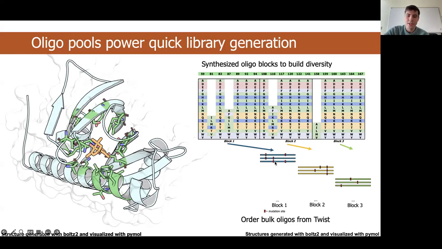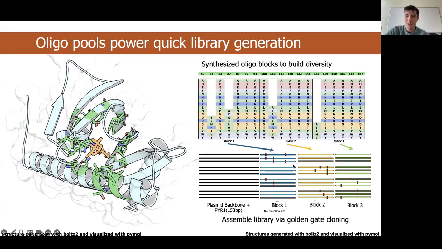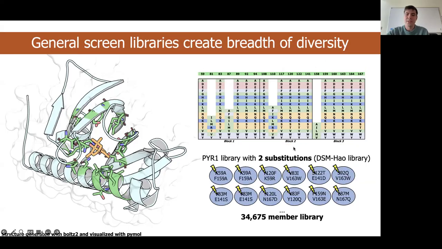And then you can order oligos with all the pairwise substitutions of these different amino acid changes at these different positions within each block. When you get these oligos in a pool, you can PCR amplify them with these barcoded primers and then assemble them back into Pier 1 into a plasmid backbone that we can use in UC2 hybrids. And this really quickly generates our libraries for us.